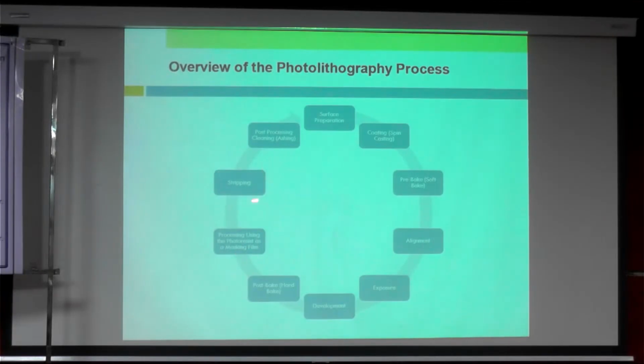Then the stripping, removing of the photoresist, then post-processing, cleaning and etching, etc. Then this process might be repeated a few times in order for you to get a certain shape or structure, depending on the complexity of the design. Sometimes it's just 1 or 2 times, but for a complex structure, you might need a few more times in order to obtain a certain design.